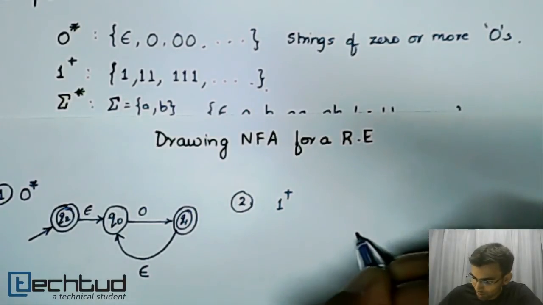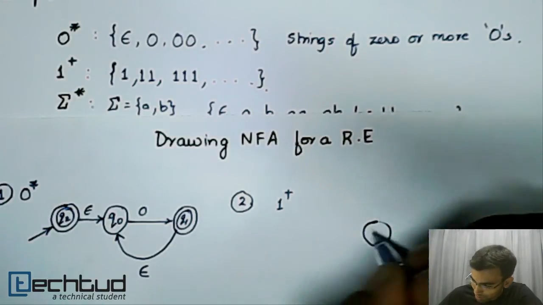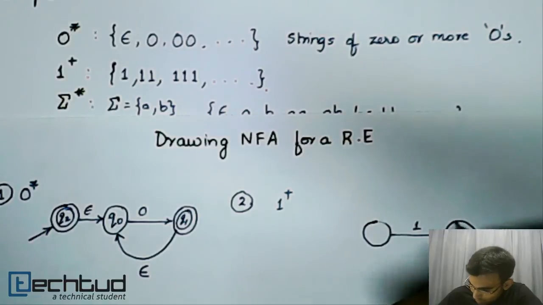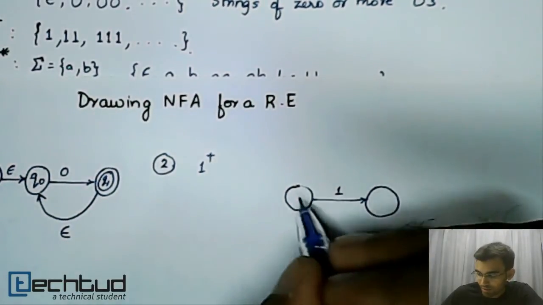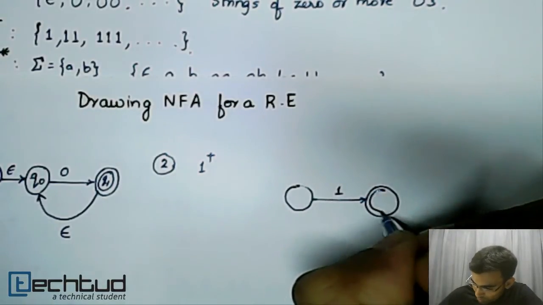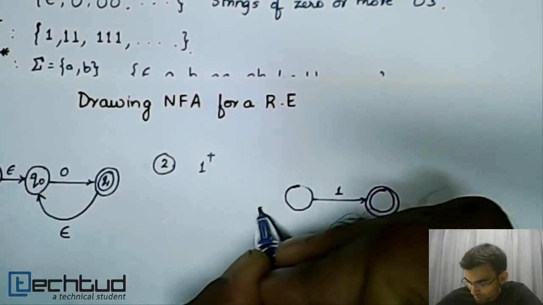So let us draw an NFA for the regular expression 1. So you have the following, right? Okay. So this particular NFA with the final state accepts 1, assuming that this is the start state.